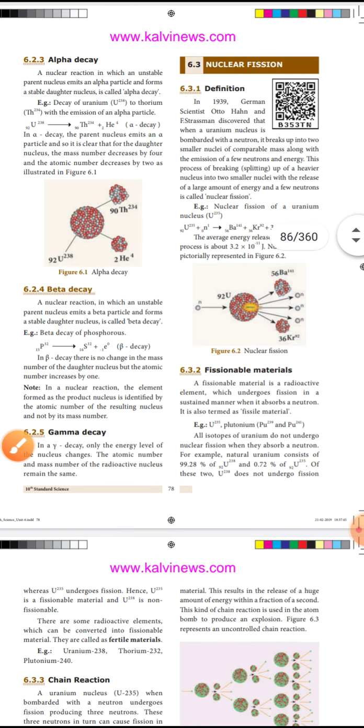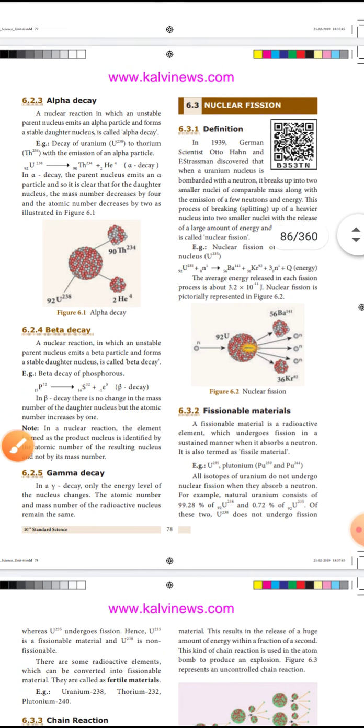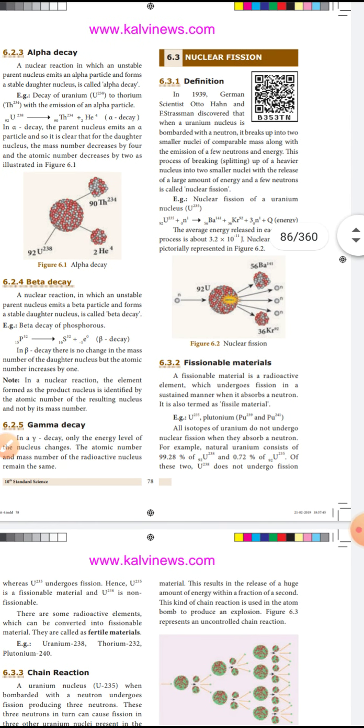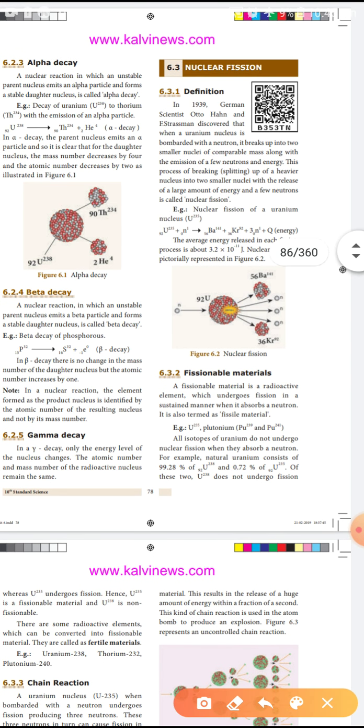So nuclear fission means a heavier nucleus converted into lighter nuclei. See the diagram: a neutron attacks the uranium, so uranium breaks up into lighter nuclei, barium and krypton. Then it produces some energy.